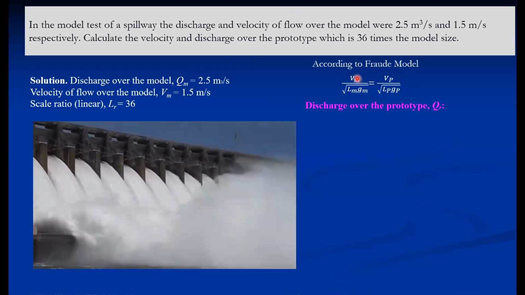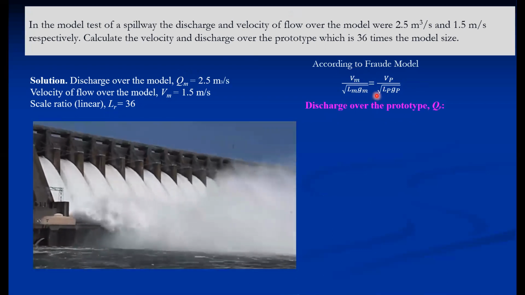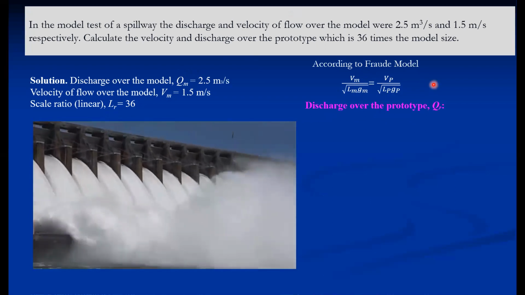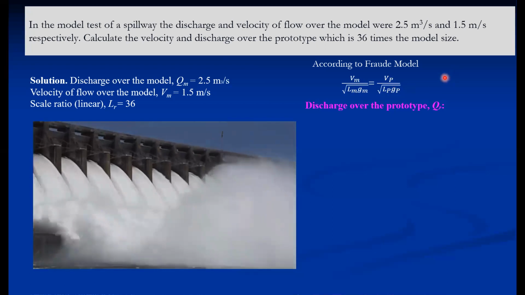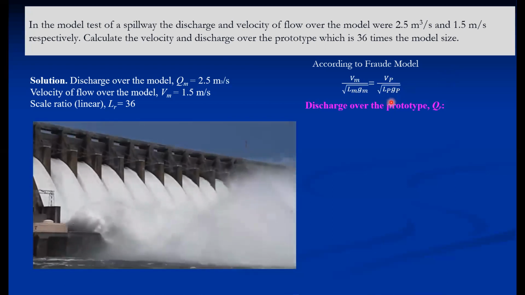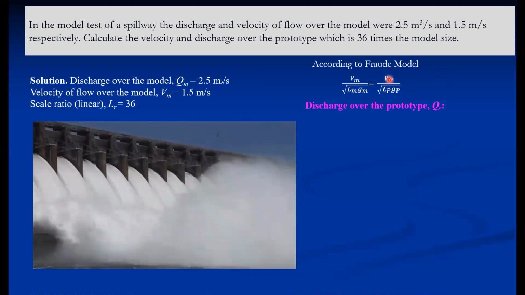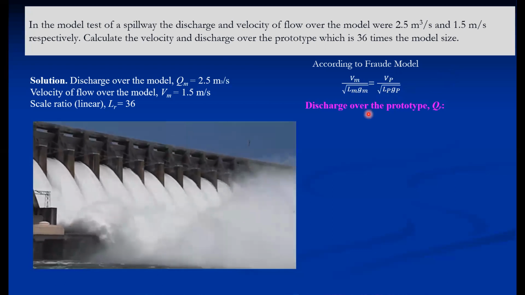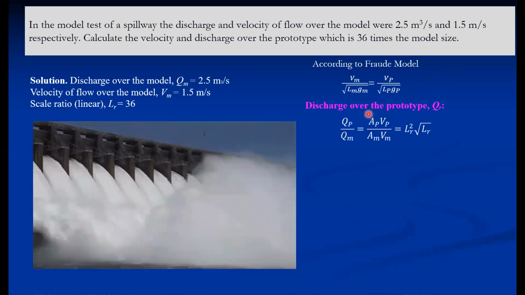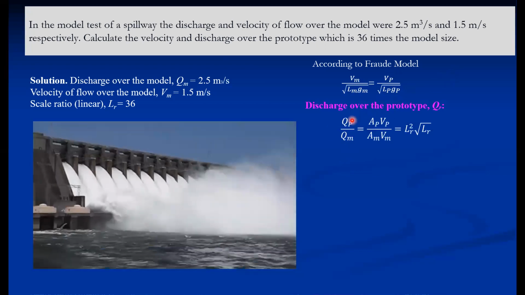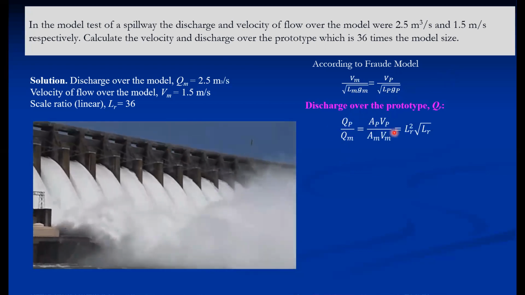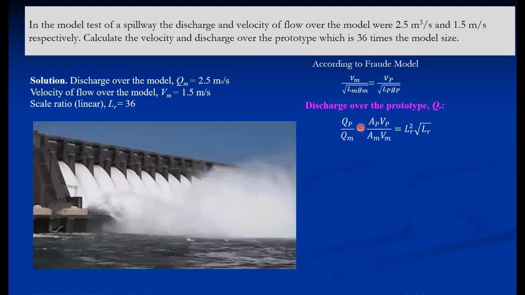Since both are at the same ground level, the same expression can be reduced to Vp by Vm equal to under root Lr. From that we can calculate Vp. First of all, we'll calculate the discharge. The discharge Q is equal to area into velocity, according to the continuity equation.